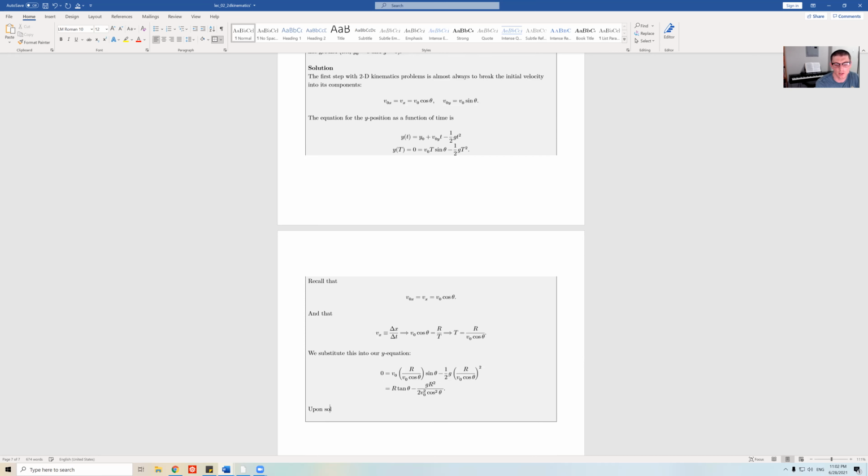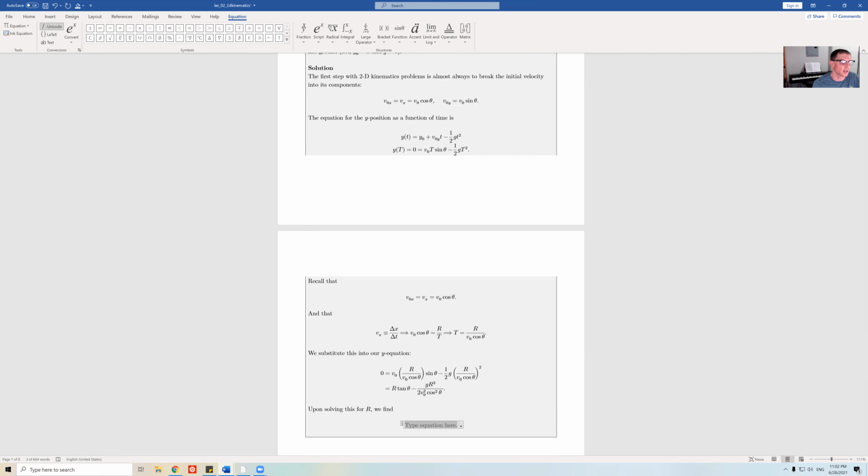So upon solving this for r, we find that the horizontal range is going to be v initial squared over g.